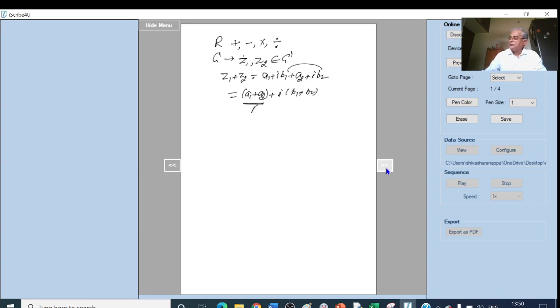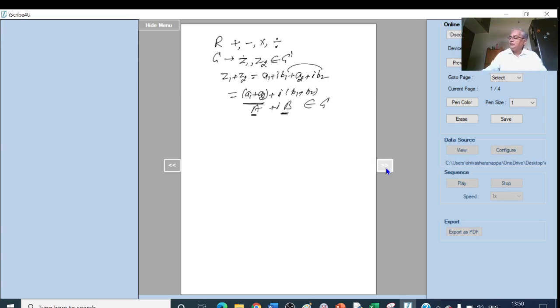So this is in the form of A plus I into B, where A is a real number and B is a real number. So this belongs to C. That is, if Z1, Z2 belong to C, then Z1 plus Z2 also belongs to C.